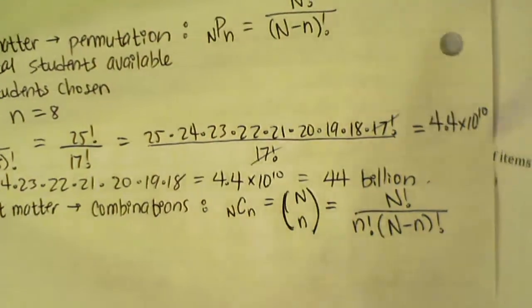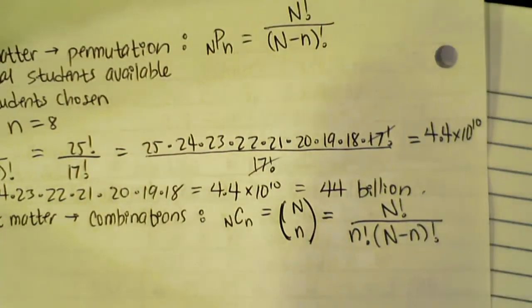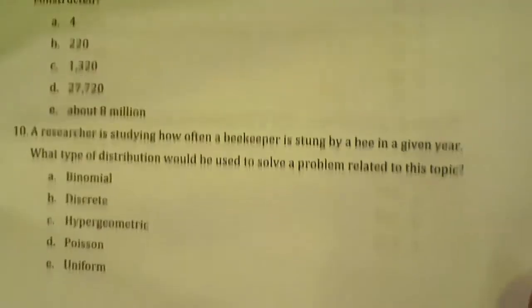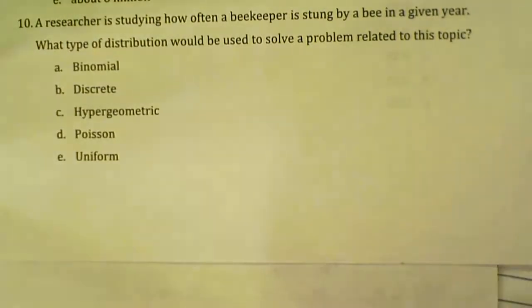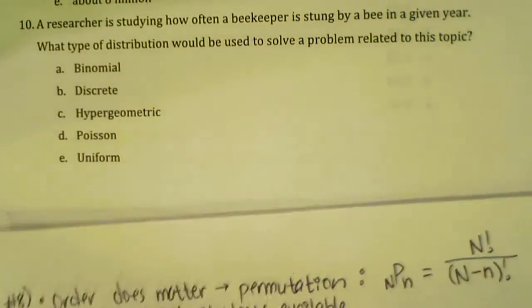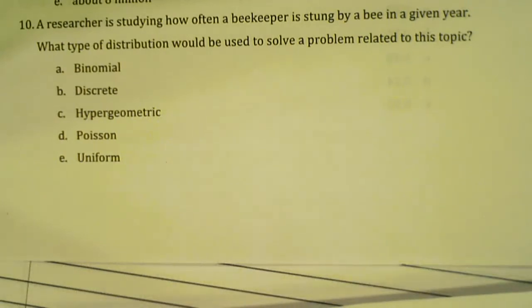So, let's see. Let's do 10. Number 10. A researcher is studying how often a beekeeper is stung by a bee in a given year.